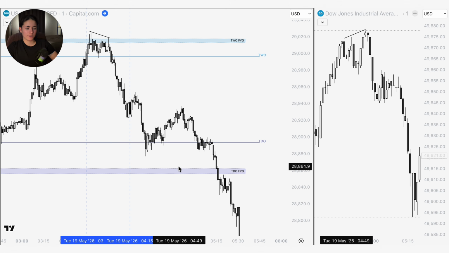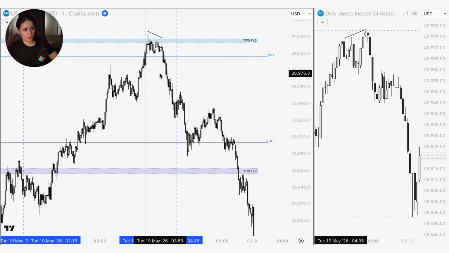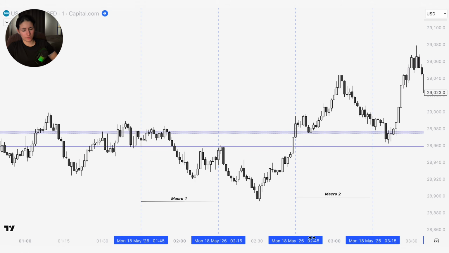Our target here can be the closest key level or the nearest liquidity, like a session liquidity pool or a previous daily, weekly, or monthly high and low. We will talk more about these targets later. So in this example, we can put the target at the open FVG.